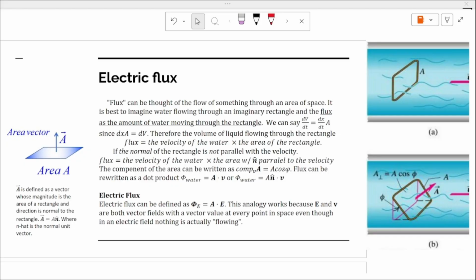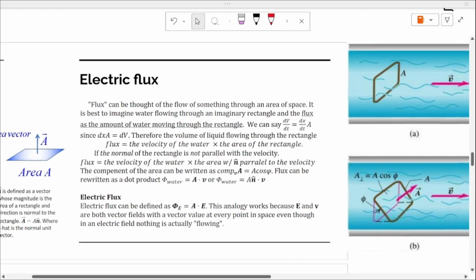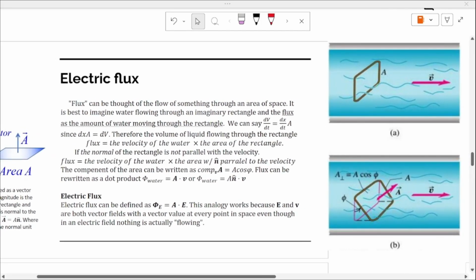However, if our rectangle is at an angle to the fluid flow, as illustrated, then we have to modify our expression. It turns out the amount of fluid that flows through the rectangle is the same, which makes sense because a change in an imaginary surface shouldn't have an effect on real physical phenomena.